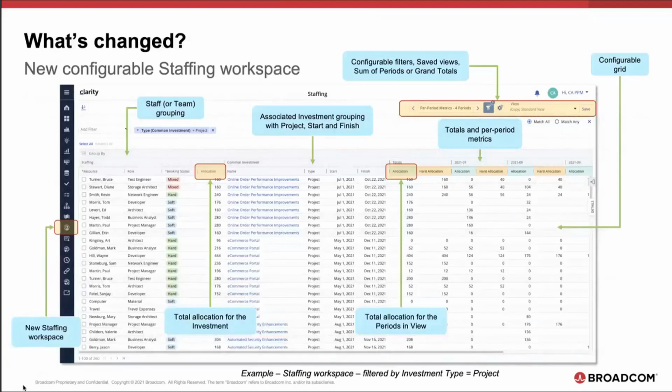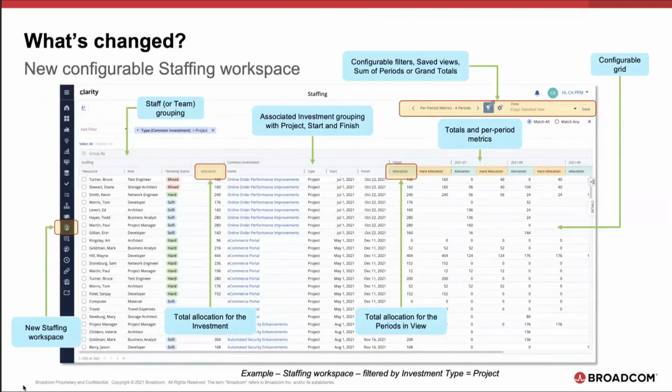So what's changed? As mentioned, a new resource management workspace is being introduced, which includes the configurable grid to view, edit, and manage allocations across projects, ideas, and custom investments.